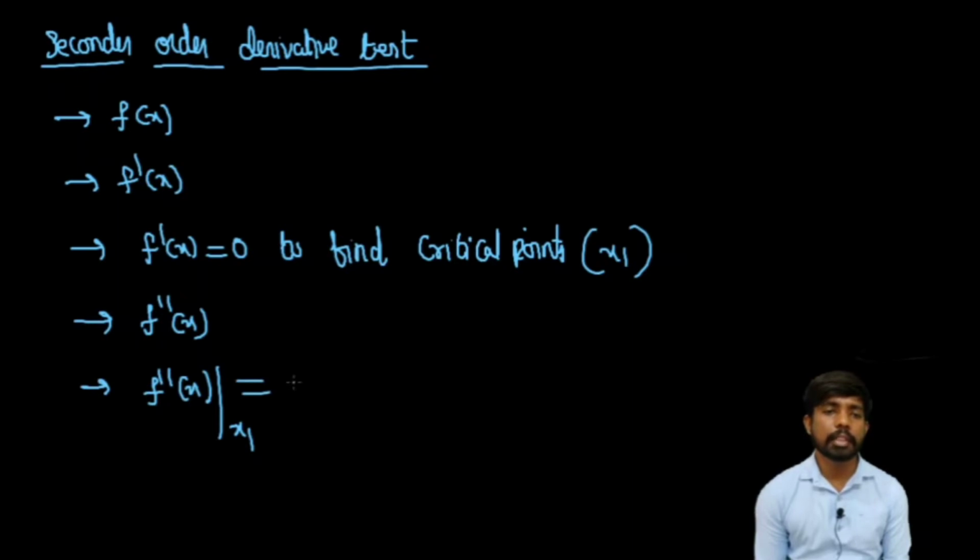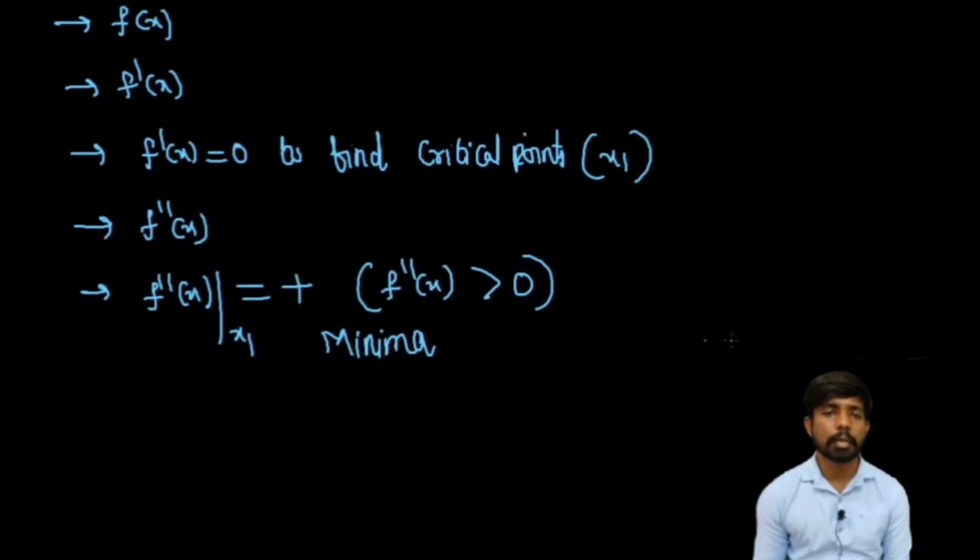If the result comes out to be positive, that means f double dash of x is greater than 0, then this is said to be minima. Where is it a minima?